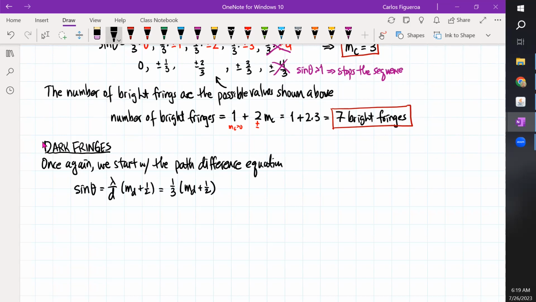And again, we know that md is going to be 0. Then we get plus or minus 1, plus or minus 2, etc. Okay? So here we go. I'm going to follow the same procedure as above with constructive.